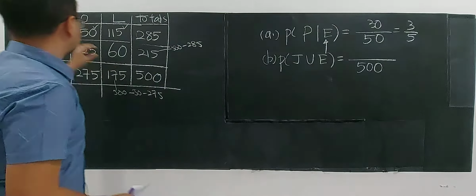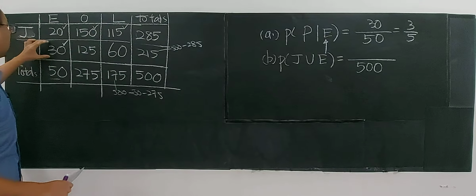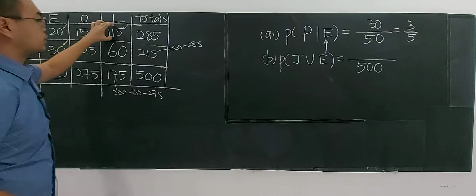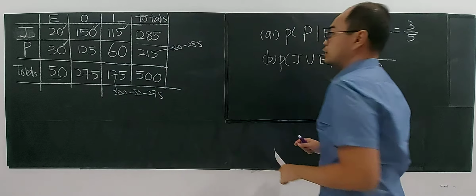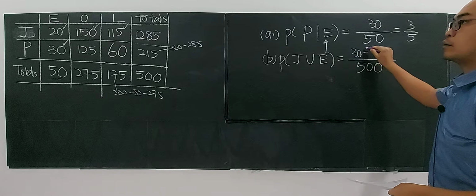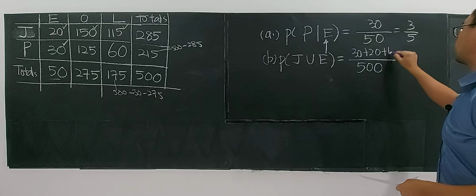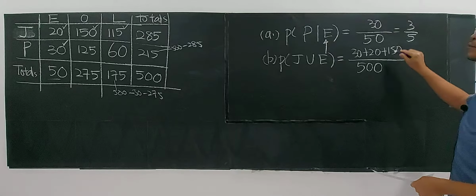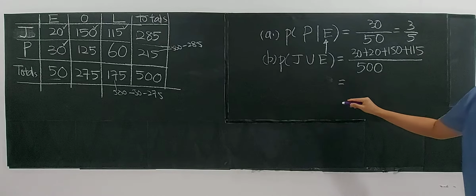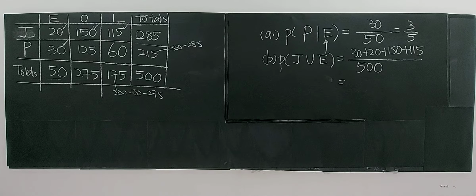So it's Johor Bahru or the bus that arrived early. So it's 30, 20, 150. You add up all the values here. This shows you are using the contingency table. So 30 plus 20, plus 150, plus 115. Then you calculate the value, then you will get the answer.